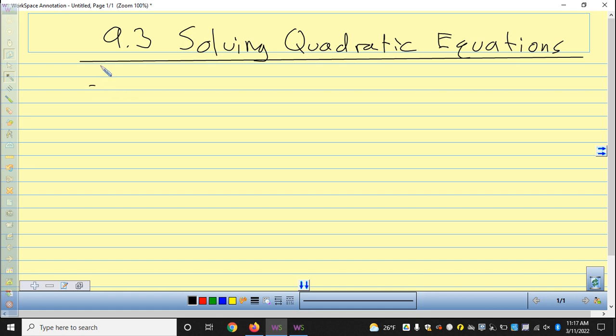So our quadratic equation is ax squared plus bx plus c equals 0. This is what we call a quadratic equation. So instead of y equals or f of x, we have this thing equal to 0. And when our equation is written like this, we say it is in standard form.